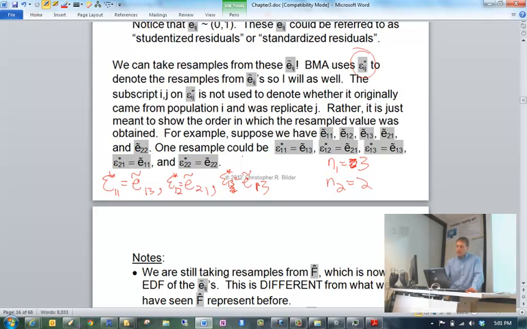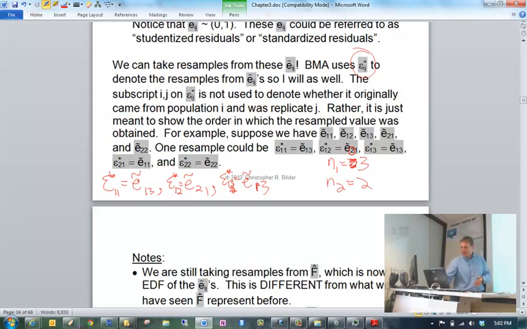Now, notice here this subscript 2 on the second element of my resample. It's a 2, meaning it came from population 1. I'm sorry, gosh, I'm making it even more confusing. The 2 there means it comes from population 2.